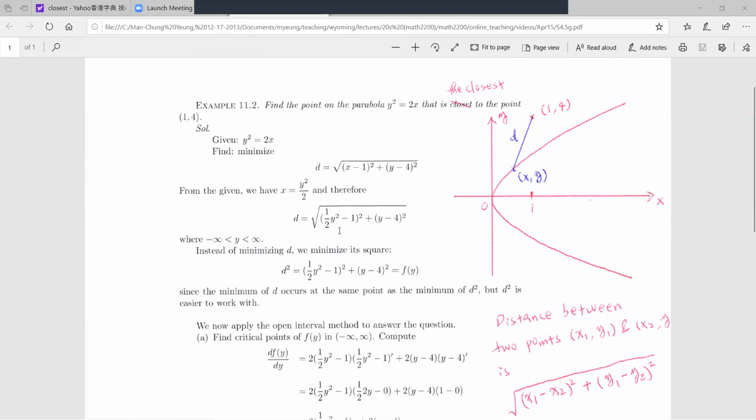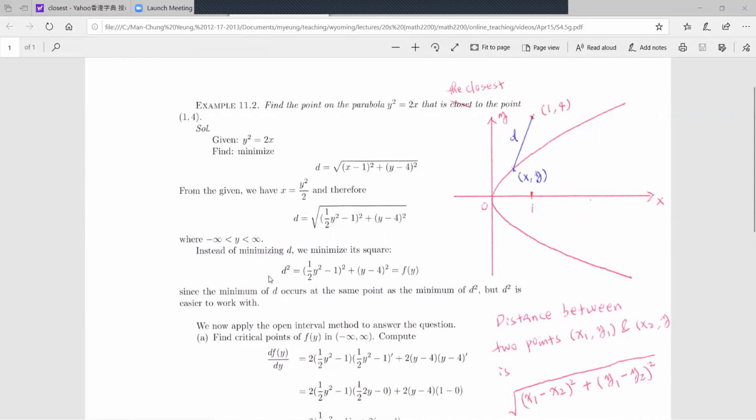In the open interval method, we need to compute the derivative of this function for critical points. This function is quite complicated. It has a square root. When you compute it, the derivative is difficult. So instead of minimizing d, we minimize d squared. d squared has no square root.